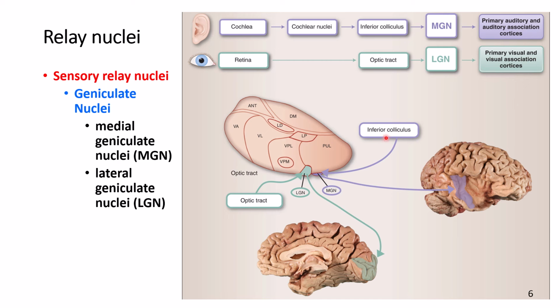And the auditory information is going to the spiral ganglion and the cochlear nuclei, and then the inferior colliculus. From there it goes to the medial geniculate nucleus of the thalamus, and from there it goes to the primary auditory cortex and auditory association area, and that is in the temporal lobe.